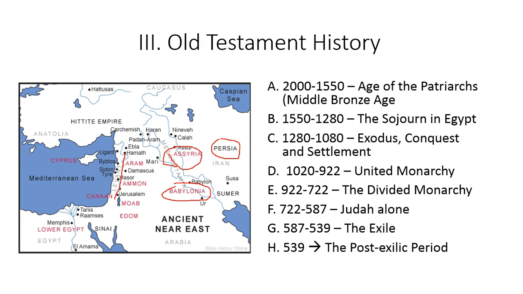So when Persia defeated the Babylonians, and now Judah was part of the Persian Empire, the Persians allowed some of the Jews who'd been taken to Babylonia to go back and attempt to reestablish their life in Judah and in Jerusalem. Of course, they were still part of the Persian Empire, but the Persians generally encouraged other nations to continue their life together in a way that the Babylonians certainly did not.